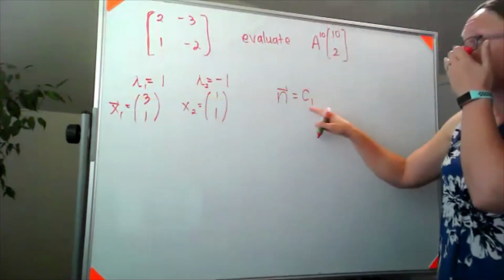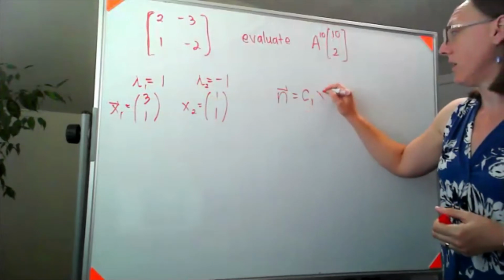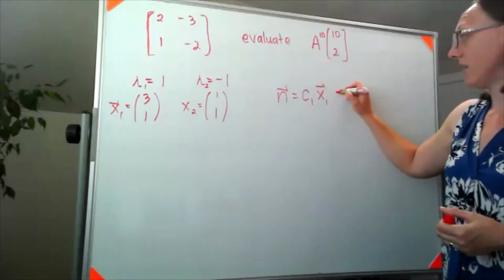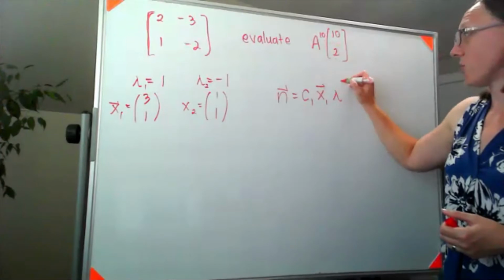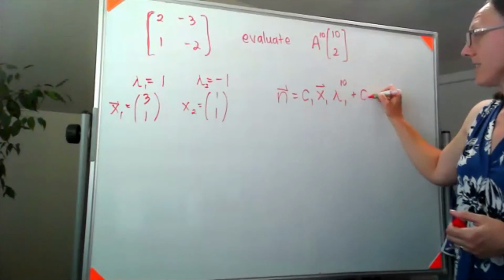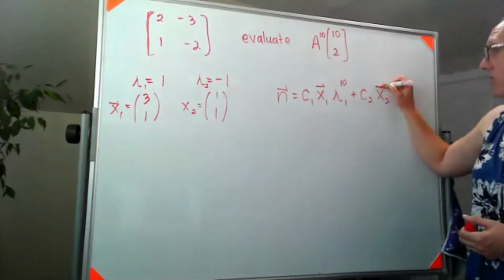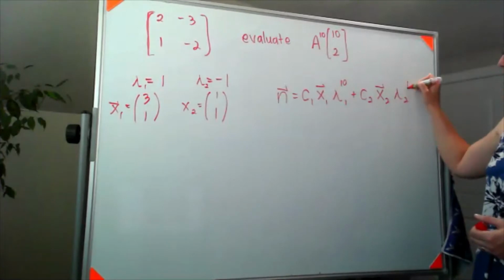Our formula is going to look like c1 x1 lambda 1 to the 10th, plus c2 x2 lambda 2 to the 10th.